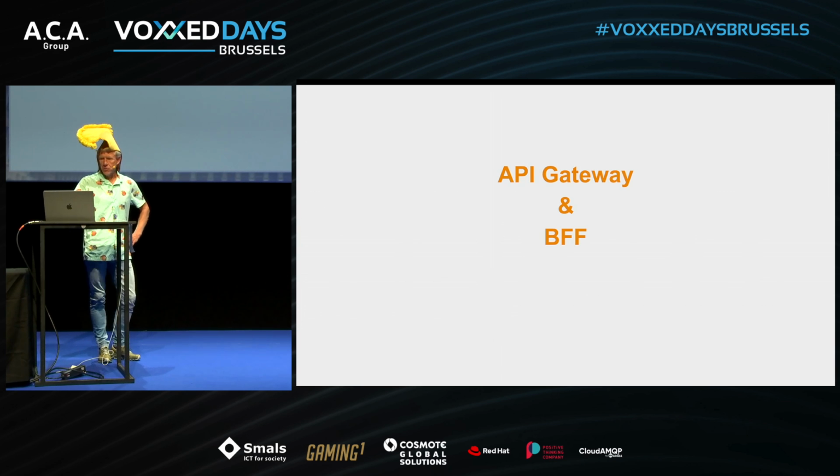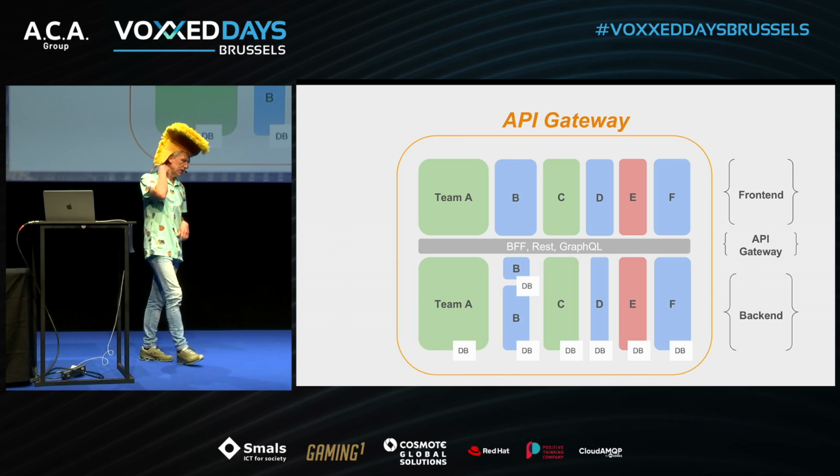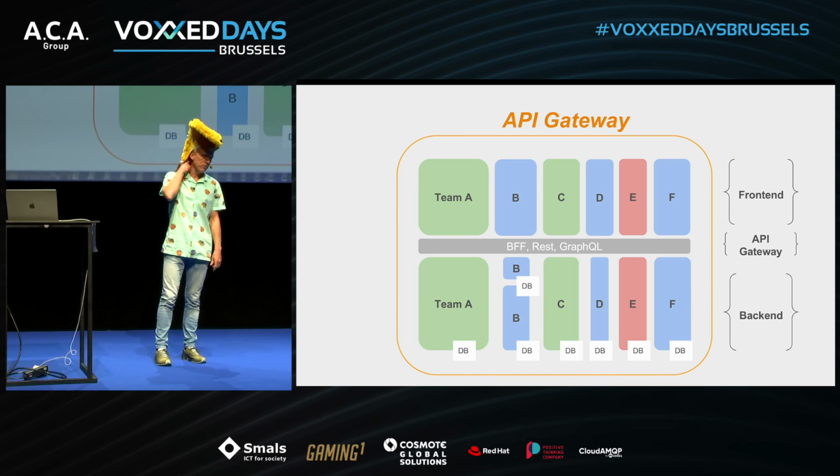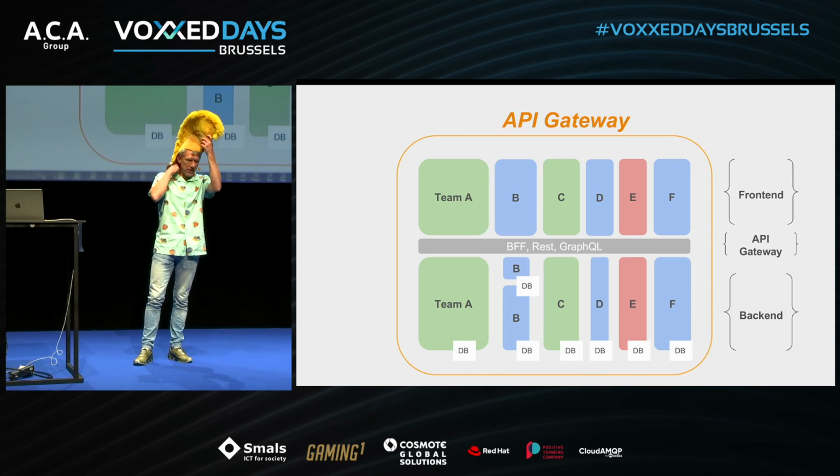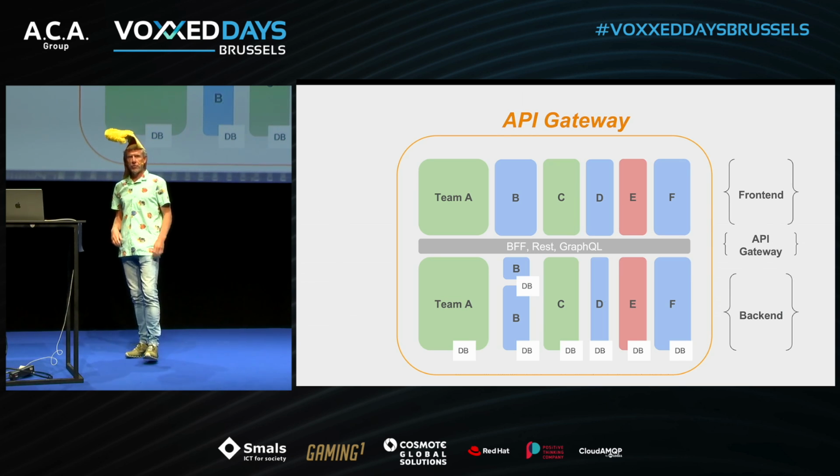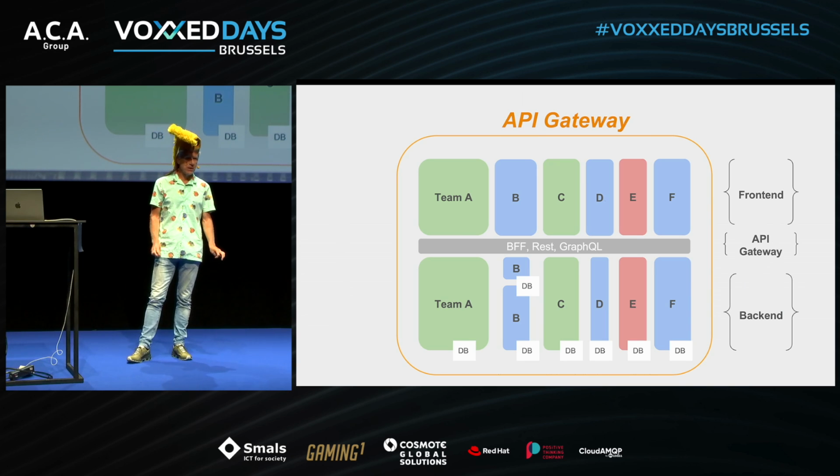Here I'm going a little bit further with a high-level picture about communication. We can also make use of an API gateway, which stands in the middle of your front end and your back end. It is a server and is responsible for authentication, authorization, and also routing.